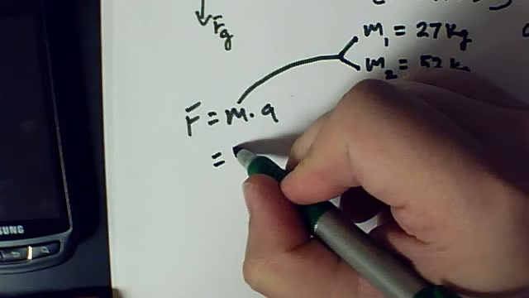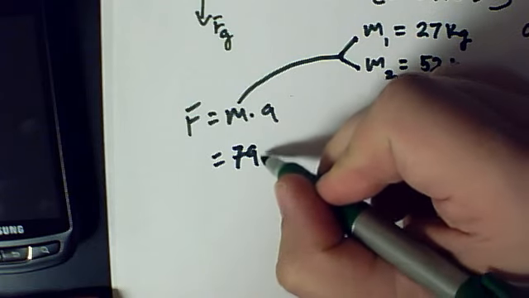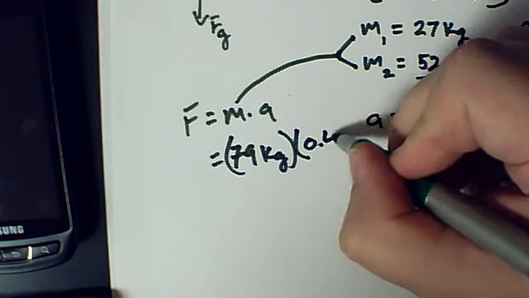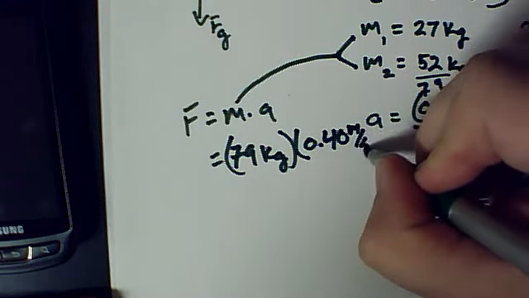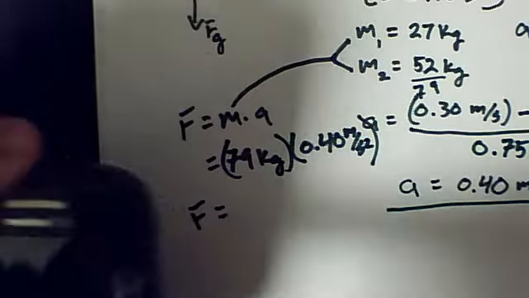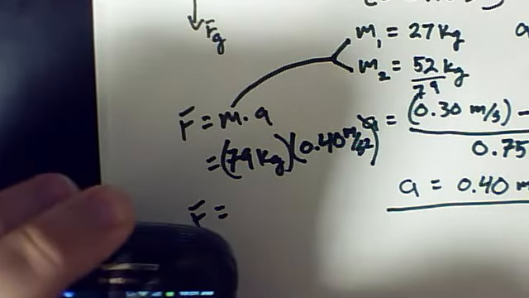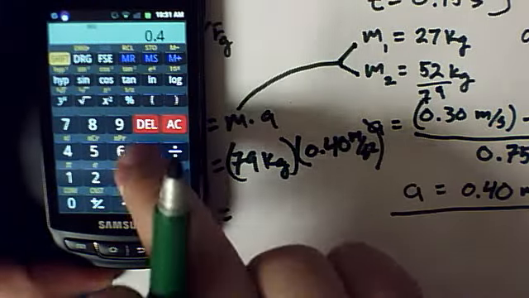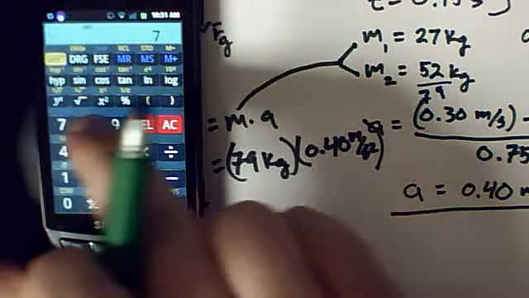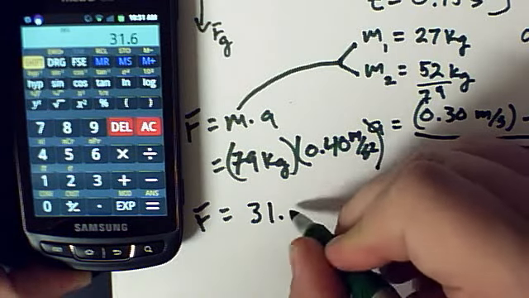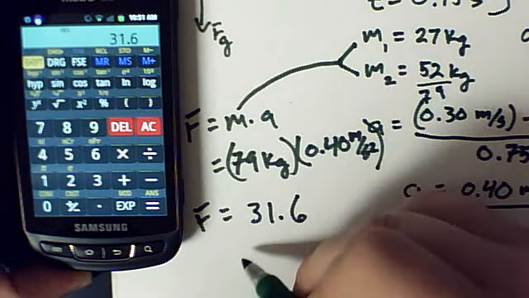So our total mass is 79 kilograms, and our acceleration is 0.40 meters per second squared. So the force is our 0.4 times 79 equals 31.6, but to 2 sig figs comes out to be 32 newtons.